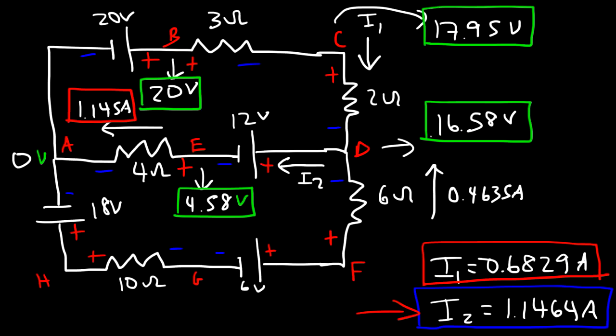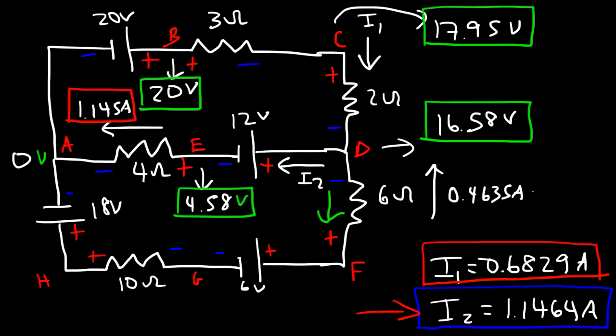Now, let's start back at D and let's go towards F. So as we travel from D to F, is this a voltage lift or a voltage drop? Notice that we're going against the current and we're going towards a higher potential, from low to high. So that's a voltage lift. So to calculate the voltage across the 6 ohm resistor, it's going to be 6 ohms times 0.4635. That's the current flowing through it.